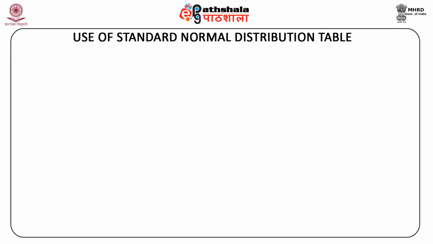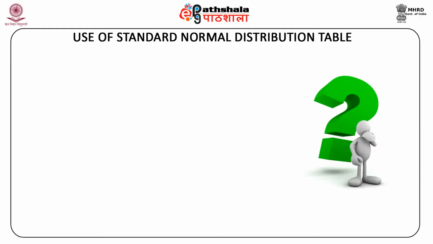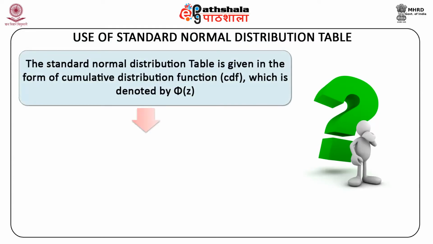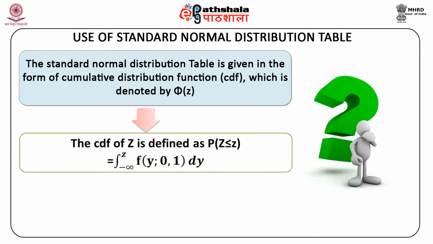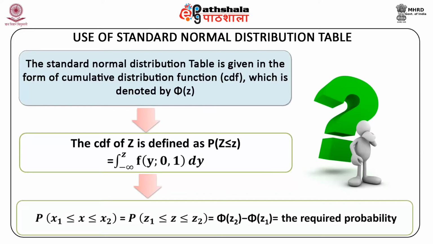Using standard normal distribution table to compute probabilities. To compute the probability, we make use of standard normal variable tables attached at the end of the module. The standard normal distribution table is given in the form of cumulative distribution function CDF, which is denoted by phi z. We know that CDF of z is defined as the probability of small z being less than or equal to big Z, which is equal to integration minus infinity to z of function of y semicolon 0 comma 1 dy.